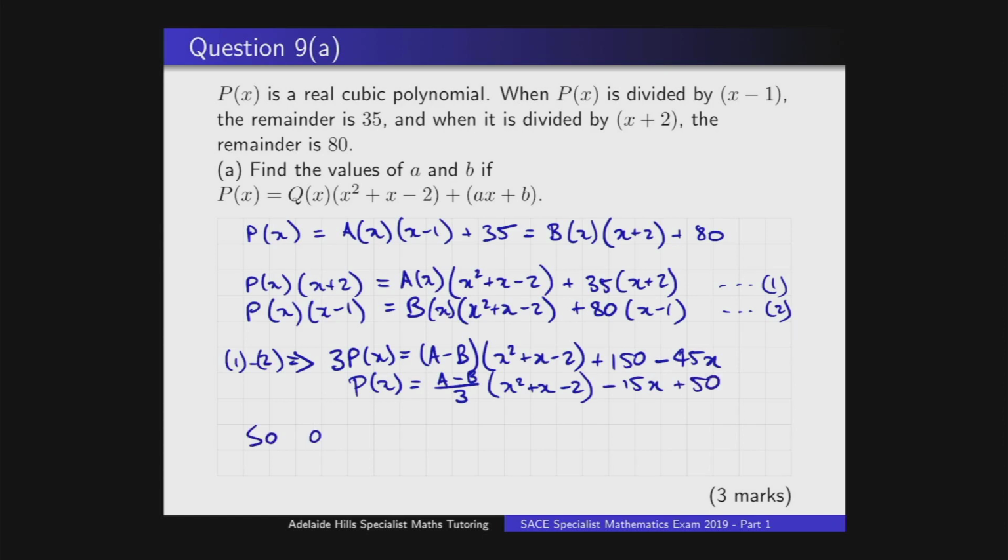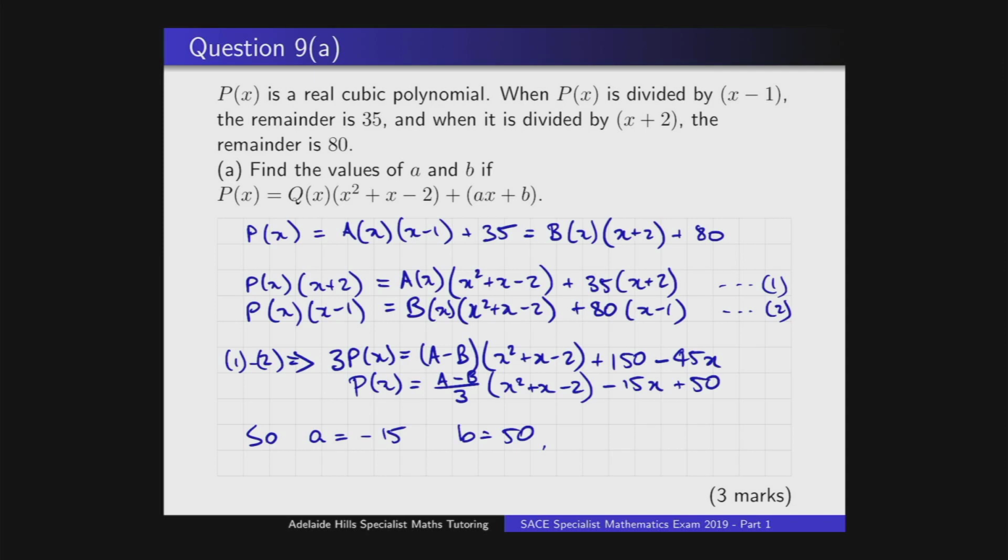What that means is that this here, minus 15, is a, and plus 50 is b. So a is equal to minus 15, b is equal to 50. In this case, q of x is basically equal to A minus B over 3. But that's not a very useful thing to know because we don't know what A or B is at this stage.